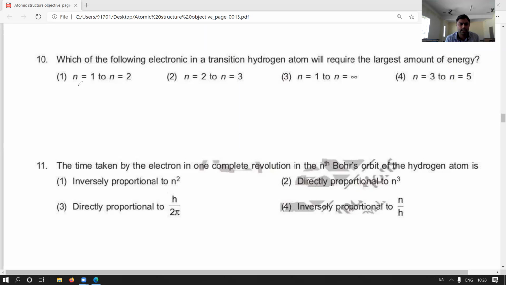N1 is equal to 1 means E1, then this is E2, which is E2 minus E1. This is E3 minus E2. This is E infinity to E1. This is E5 minus E3.